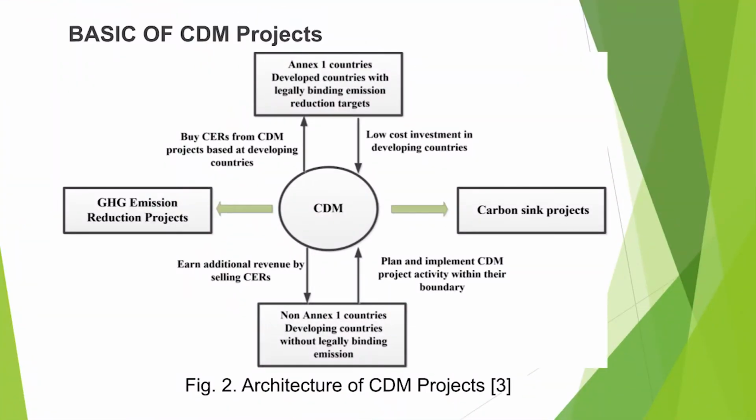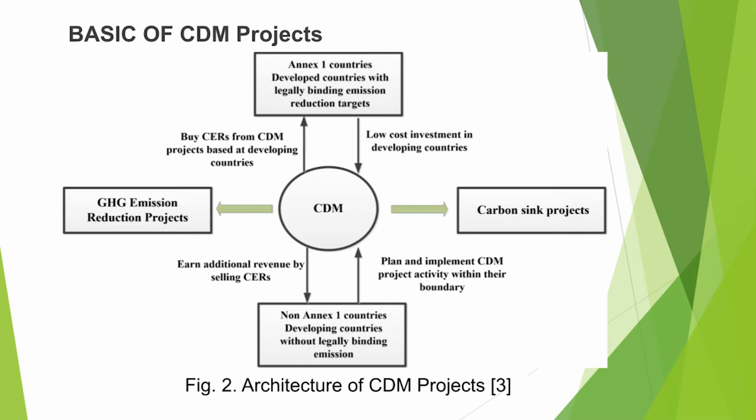Okay, now we will discuss the basics of the CDM projects. In the center you can see the Clean Development Mechanism, and at the top there are Annex 1 countries which are responsible for providing these CDM projects, and at the bottom you can see the non-Annex 1 countries, like the developing countries. There are no legally binding emission limits on these countries.